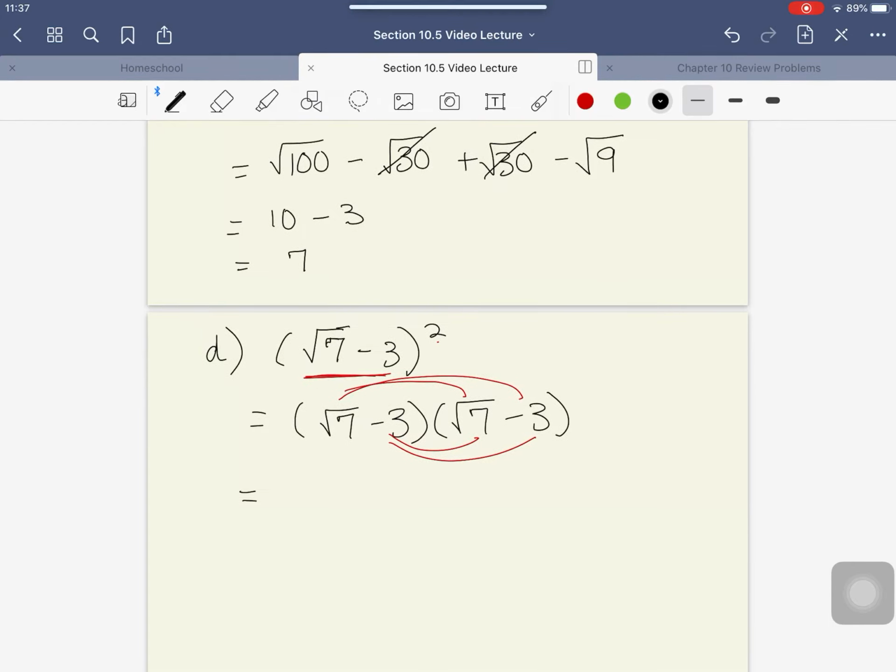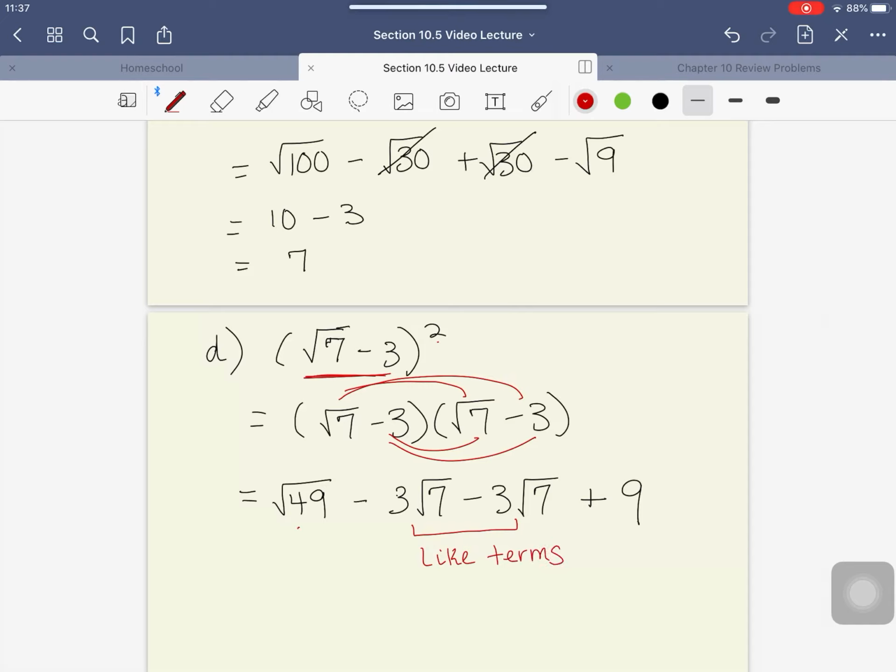All right, so the square root of 7 times the square root of 7 is the square root of 49 minus 3 square root of 7 minus 3 square root of 7 plus 9. That's first, outer, inner, last. All right, so these are like terms.